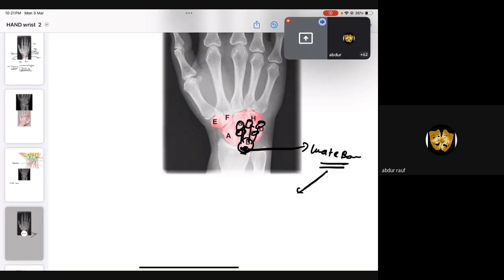So lunate dislocation, and what else is associated with it? A very important point which you guys should know: it can move in front as well, so it can compromise your median nerve in the carpal tunnel. Very important, right? Whenever the lunate is dislocated, as it is sitting on the top of the radius, it can go forward and compromise your carpal tunnel, and the median nerve is going to be compromised.